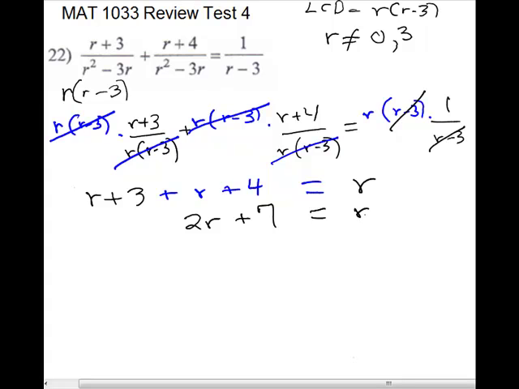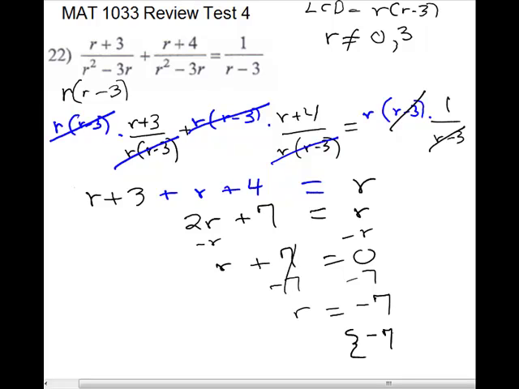So I'm going to subtract an r. 2r minus r will give me r plus 7 equals 0. Subtract your 7 from both sides. So my r will equal negative 7. Let's look back and make sure we did not throw that away. We threw away 0 and 3. So negative 7 is fine. That is our solution.